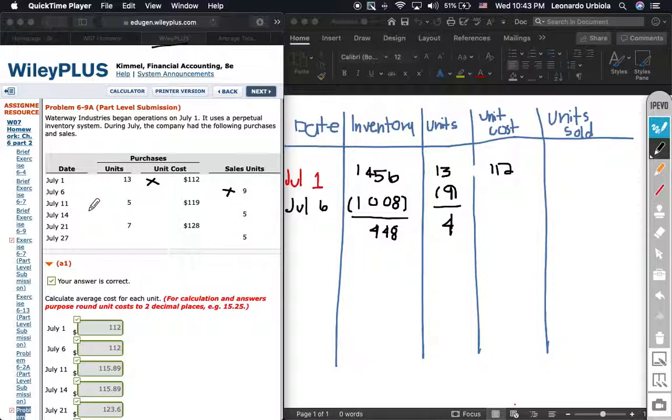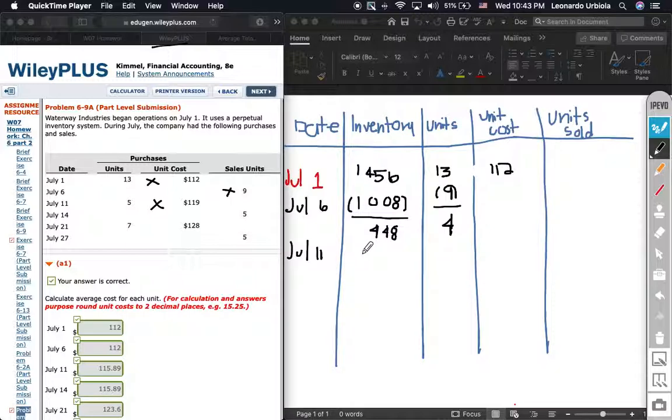Now let's move on to July 11. Now we bought 5 units at 119. That's the unit cost. So we need to do the same. We need to multiply 5 times 119.